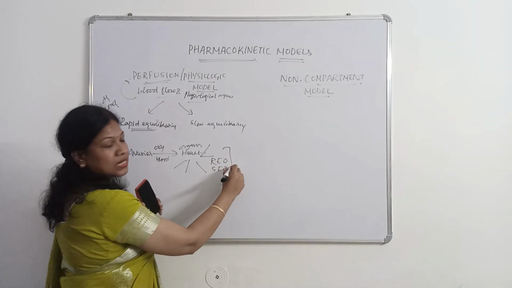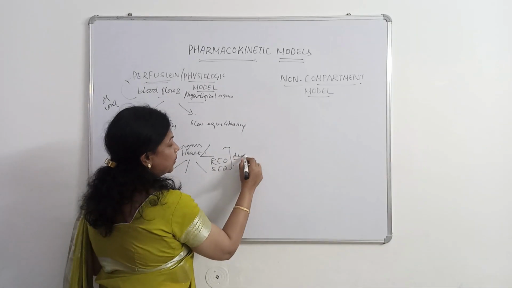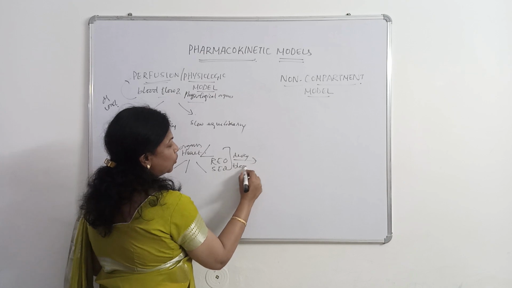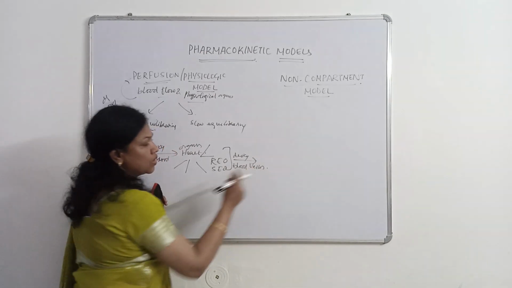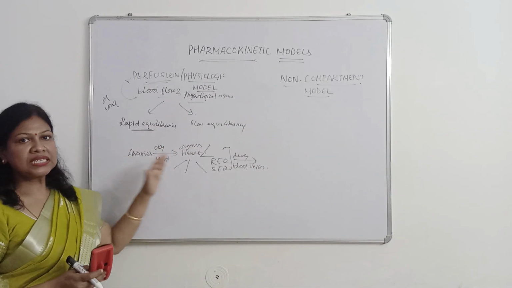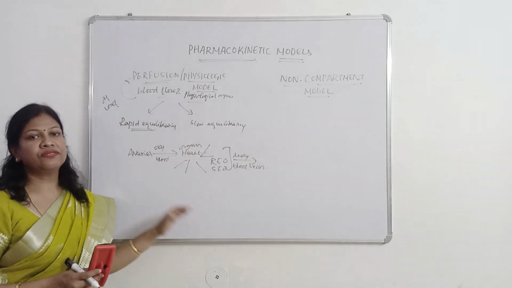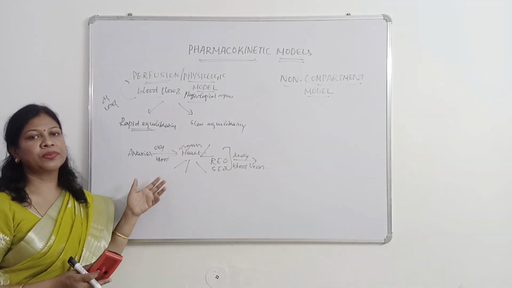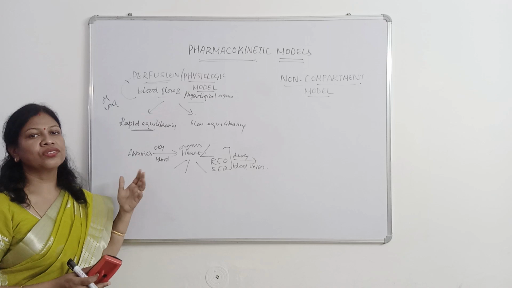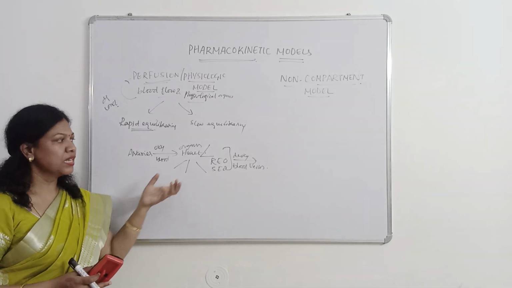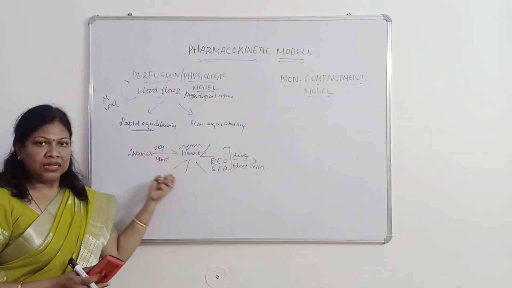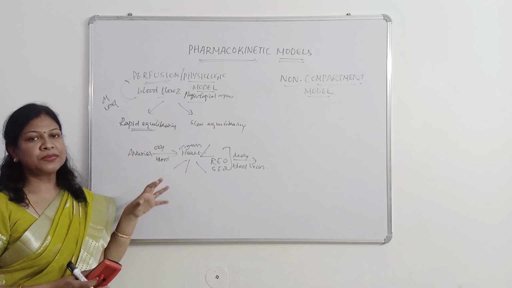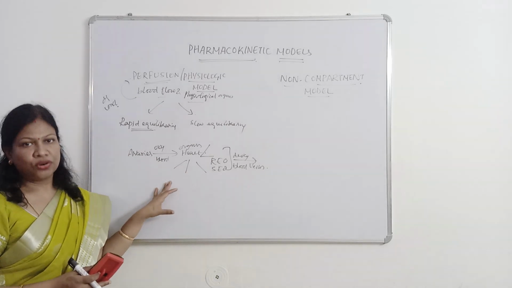From these organs, the deoxygenated blood is removed through veins. While arteries carry oxygenated blood to the different organs, the drug also is pumped and distributed to the different organs, and veins remove the drug which has entered these organs.